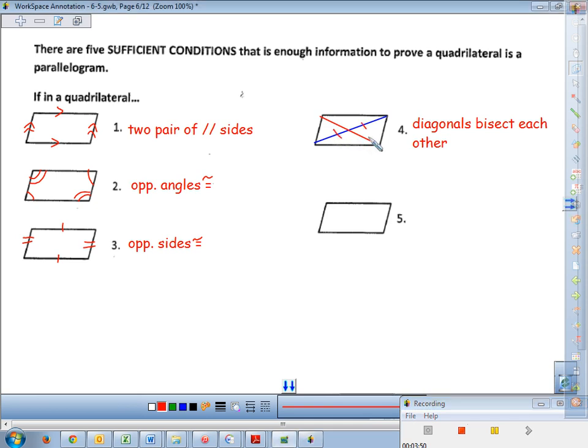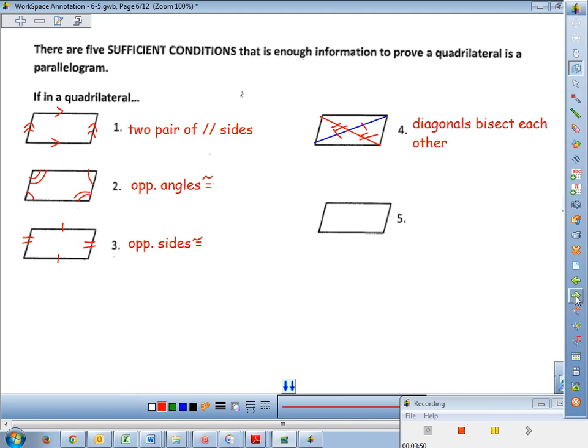Yeah. And then the blue one cuts the red one into 2 equal pieces. Should I put single tick marks again? Why can't I put single tick marks again? They're not the same length. Those diagonals are not the same length, but they do cut each other into 2 equal pieces. Cool? So that's it, right? Those are the 4 that we know. The 5th way is new to us, so we'll just discuss it.